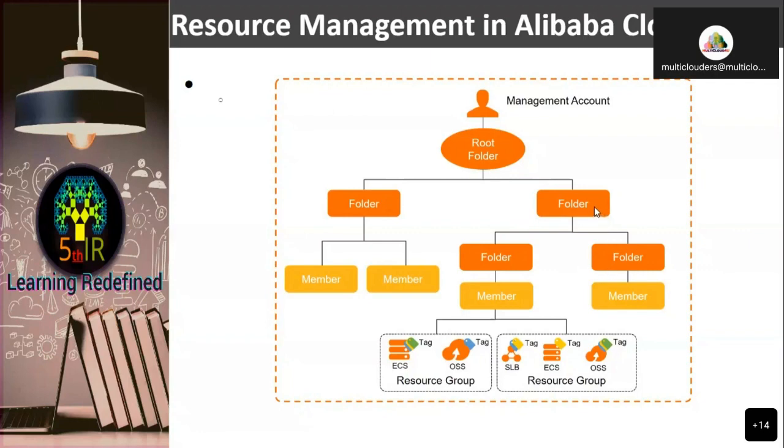You can create different folders and you can assign different administrators or different members for each and every organization. And finally, you can create a resource group. Associated resources can be aligned to a single resource group, and each and every resource can be tagged. And again, you can assign a tag policy for creating tags on each and every resource. So this is a resource management architecture commonly used in Alibaba Cloud.